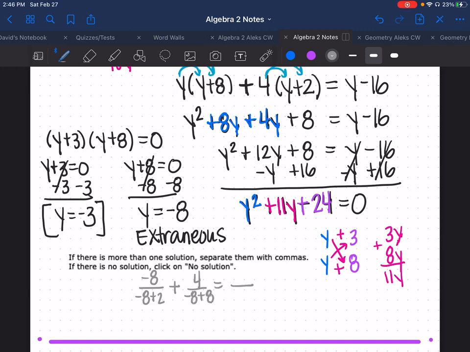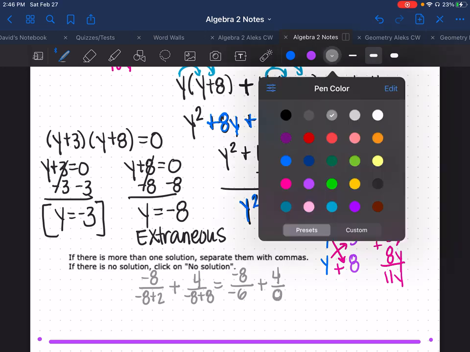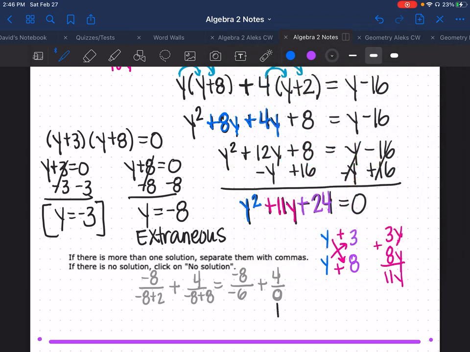And so we showed that it was -8 over -6 plus 4 over 0. And this is the one right here. This is the reason right here that we are extraneous. This is what made us extraneous. The 0 right there. Can't happen.